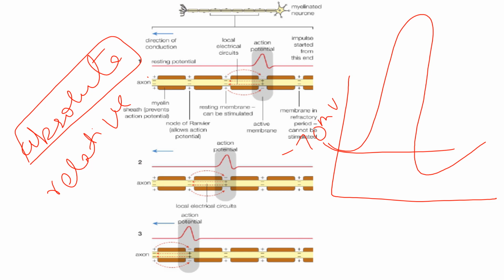Relative refractory period is the time in which action potential can be generated only if the stimulus is strong enough. So if the stimulus is that strong, action potential can be generated. That is known as relative refractory period. And during this time, the voltage dependent potassium ion channels are open, right? So that is why it can happen.